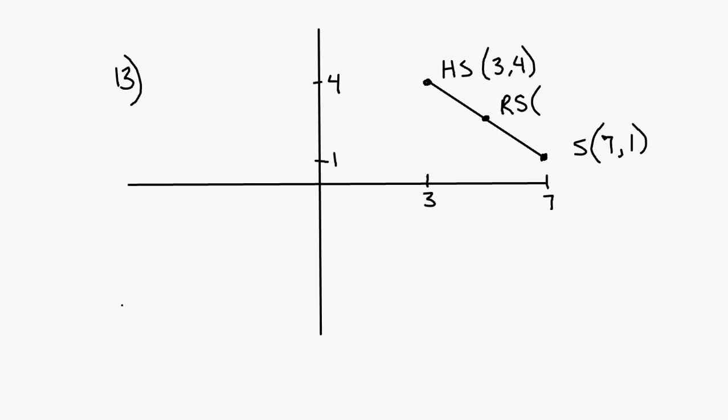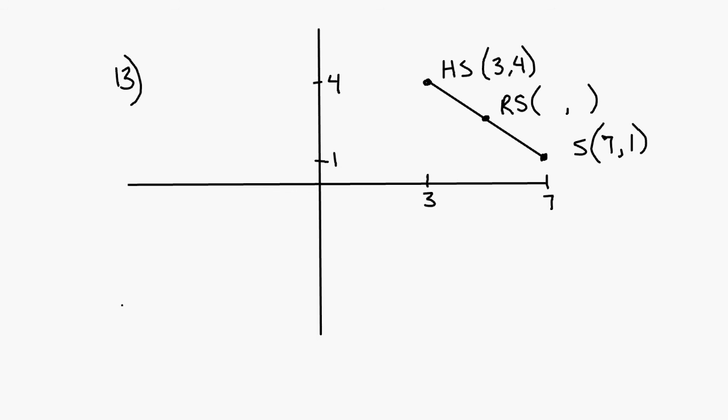What are the coordinates of the rest stop? If the rest stop is halfway, how does that correlate to what you did this week? Halfway. Does it relate to distance formula? Does it relate to a linear pair? Supplementary angles? Halfway. Midpoint maybe? Midpoint?